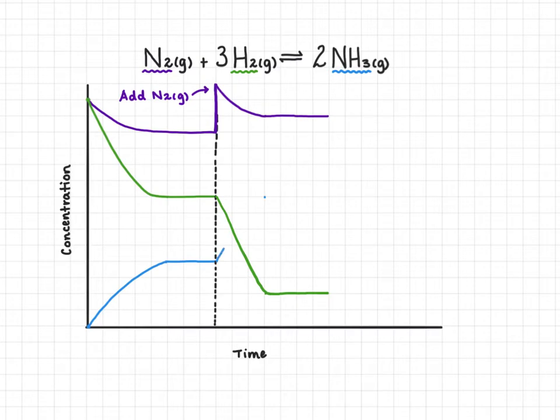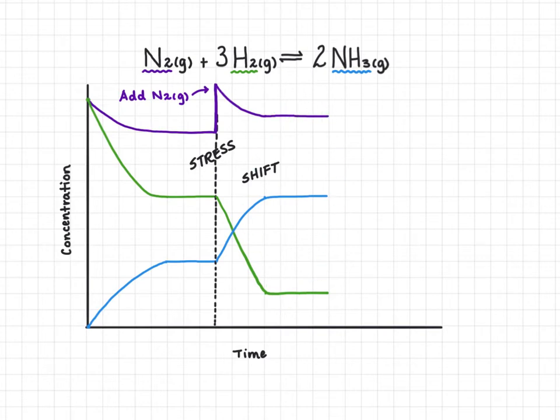And so our concentration of ammonia will increase after our stress. So where we've added the N2, that is our stress. After we've added the N2 is our shift, and then the reestablishment of a new equilibrium. The value of K won't change from the first equilibrium to the second because we haven't changed the temperature.